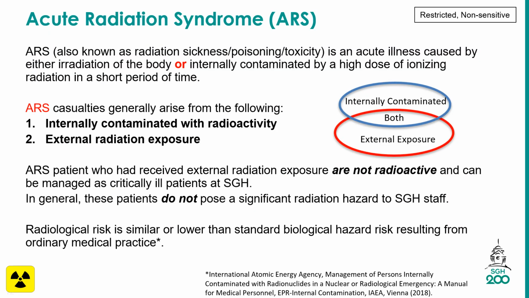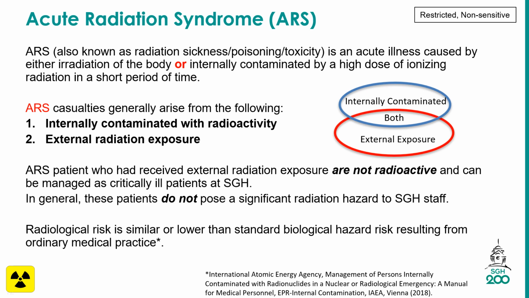Now, next we will look at what is this acute radiation syndrome. ARS is short form for acute radiation syndrome. As nurses, you would know, acute refers to high levels of radiation subjected to a patient or a casualty over a very short period of time, and that's why the word acute is used here.